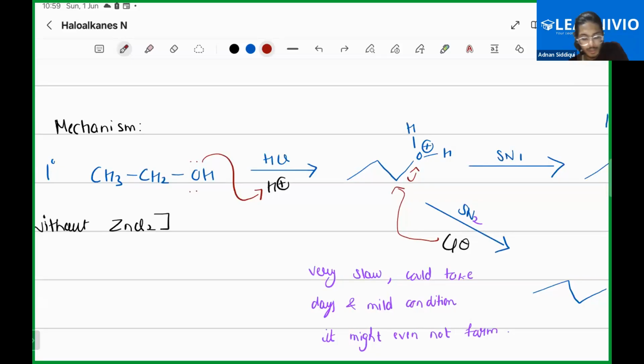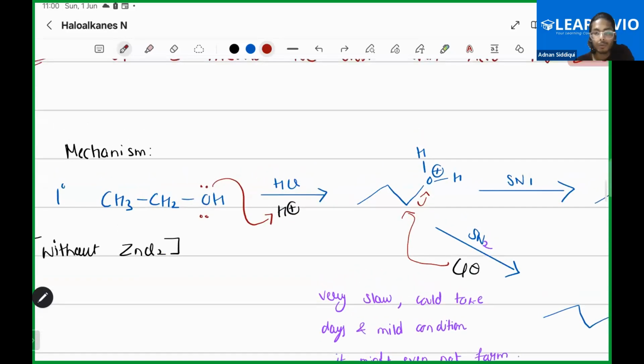Now, on oxygen, we have two lone pairs. H positive is electron deficient, and this lone pair is electron rich. So this OH group will attack on H positive.